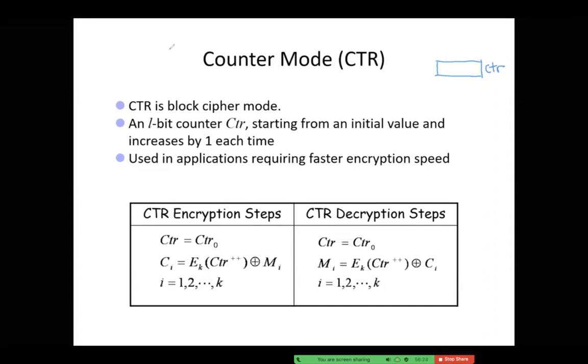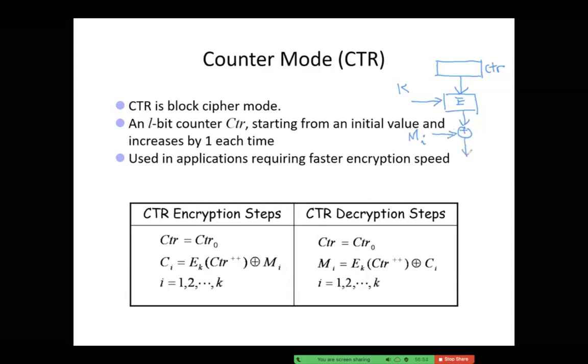Okay, so I'm going to encrypt this counter. So whatever value goes in, I am going to encrypt it using K. And then whatever value is here, I'm going to use it to do a simple XOR with Mi.